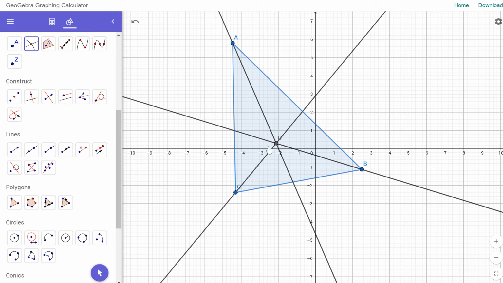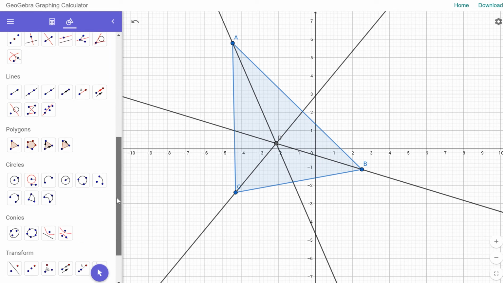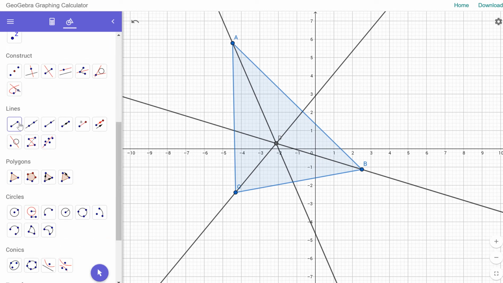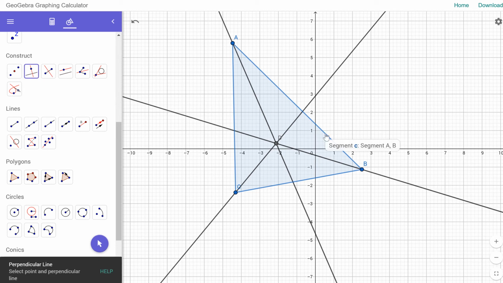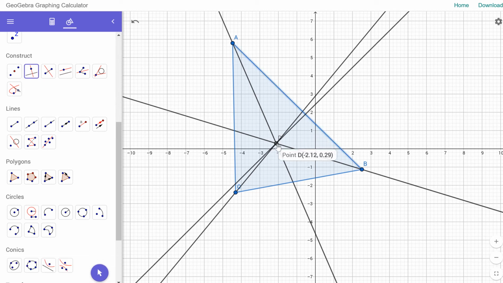So to establish what the incenter really means of the angle bisectors, what we're going to do is we first actually need to find a perpendicular line off of one side that crosses at point D. That is an important feature for us because we're going to be drawing a circle on the interior of the triangle.